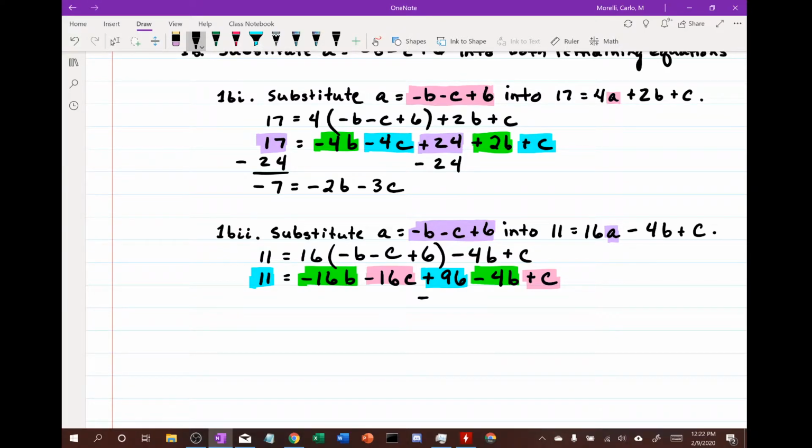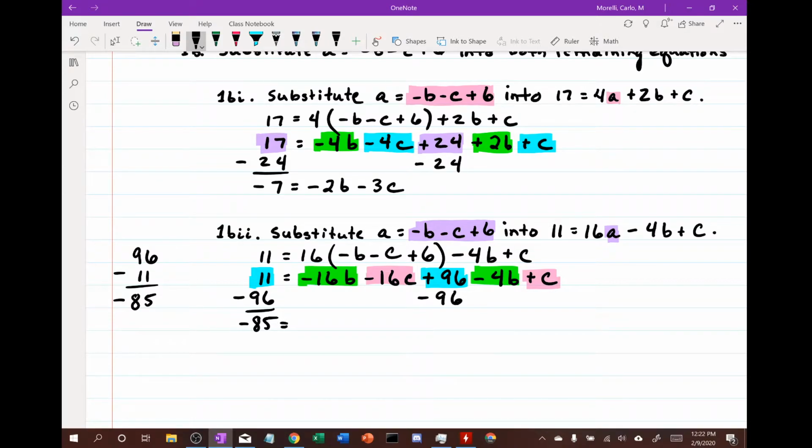So the first thing I'm going to do is subtract 96 from both sides. So 11 minus 96 is equal to negative 85.